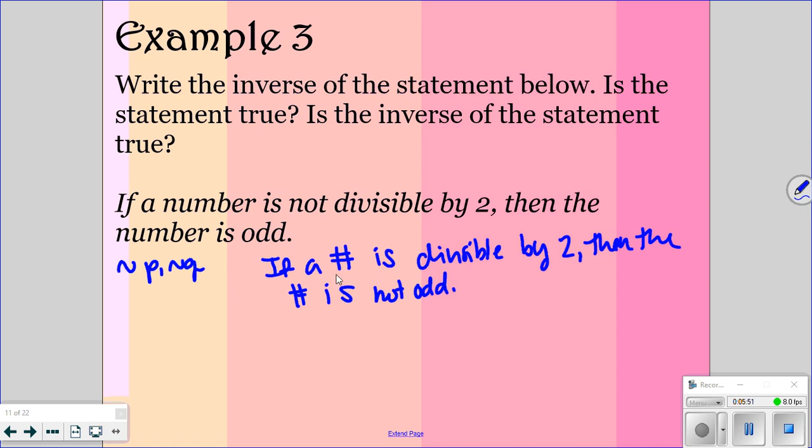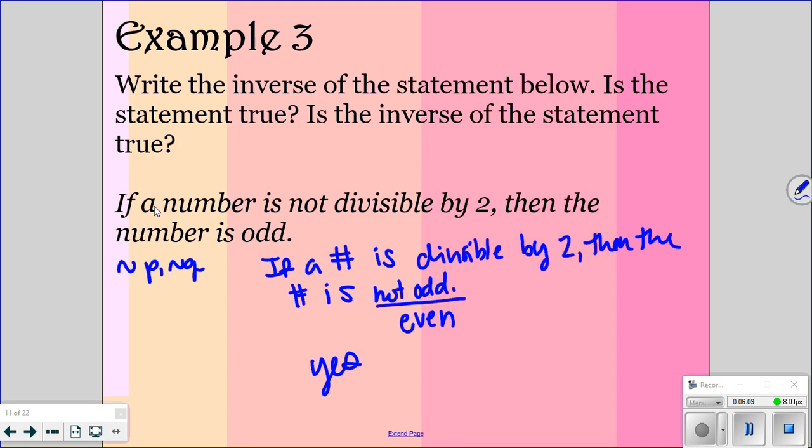So if a number is divisible by 2, then the number is not odd. What does not odd mean? Something is not odd, it is even. So if a number is divisible by 2, then the number is even. That is true. So the inverse is true.